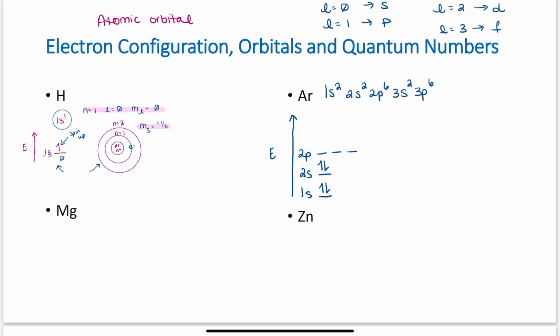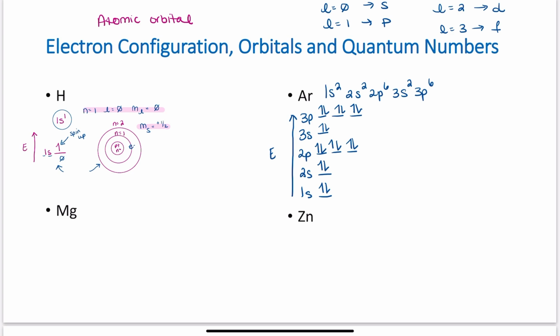They're px, py, pz, the 3 different orientations. 1, 2, 3, 4, 5, 6. Parallel before paired. We've got 3s, 1, 2, 3p, 1, 2, 3, 4, 5, 6. Again, each orbital can only hold 2 electrons.